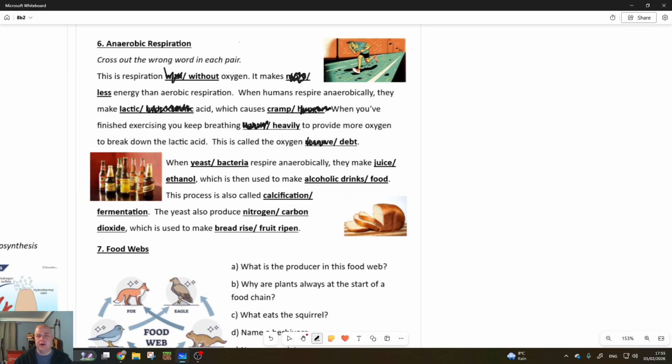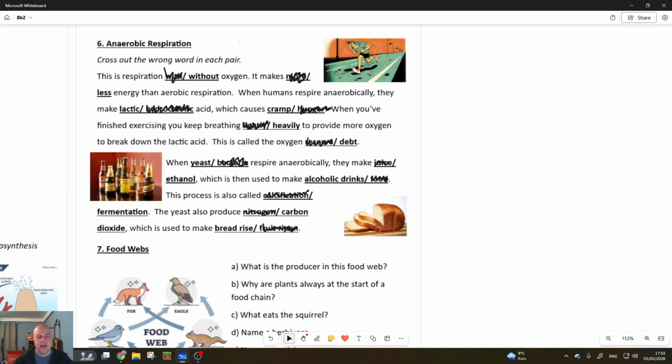This is called our oxygen debt. Now, when yeast do this, they make ethanol, which is then used to make alcoholic drinks. This process is called fermentation. The yeast also produce carbon dioxide, which makes the bread rise.